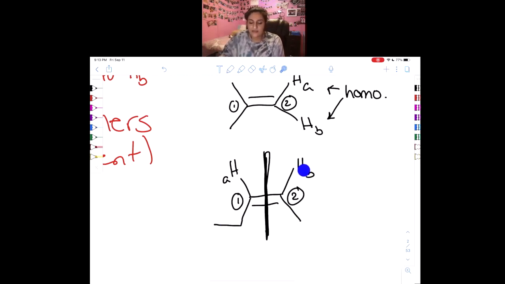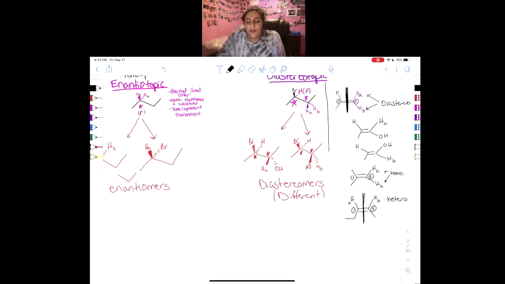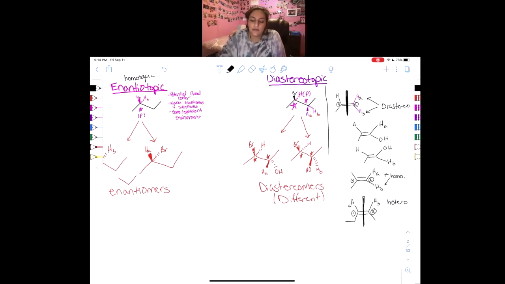However, the hydrogens are not on the same carbon. In this case, the relationship between them is just heterotopic. Diastereotopic is a form of heterotopic, but in this last case, it cannot be considered diastereotopic. It is only heterotopic.